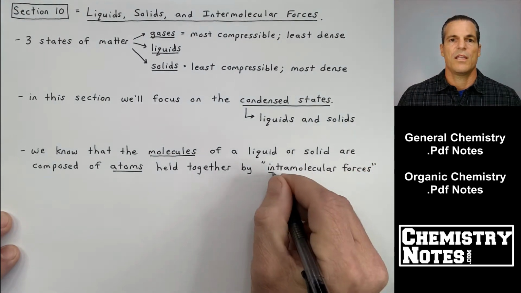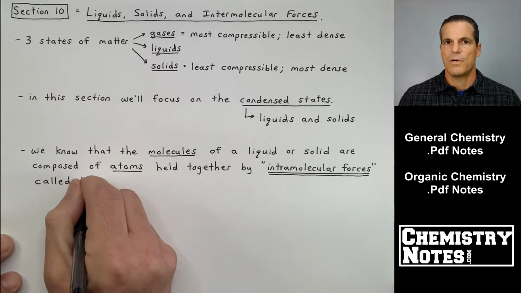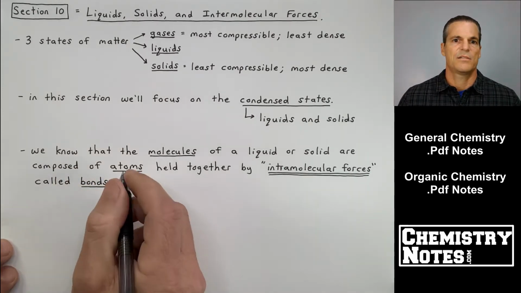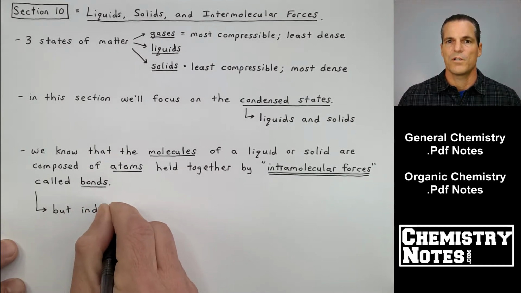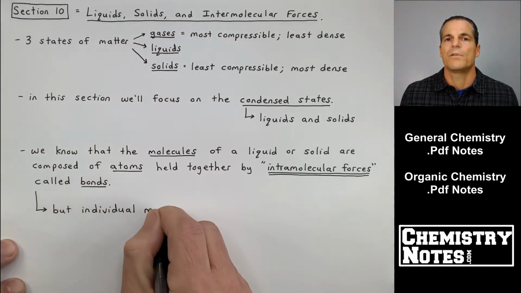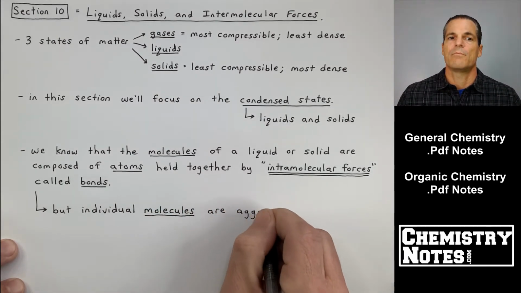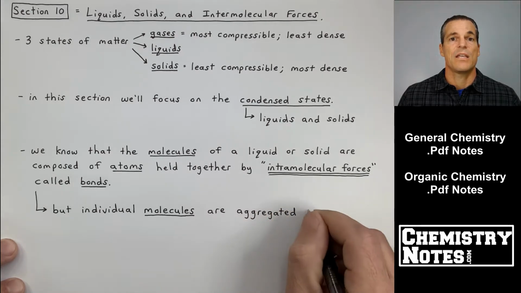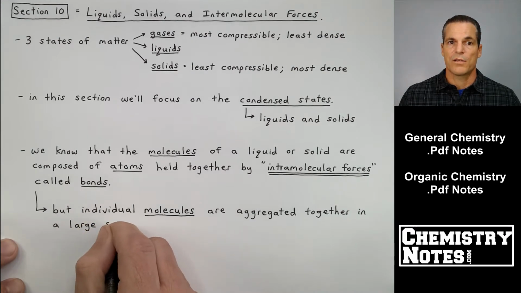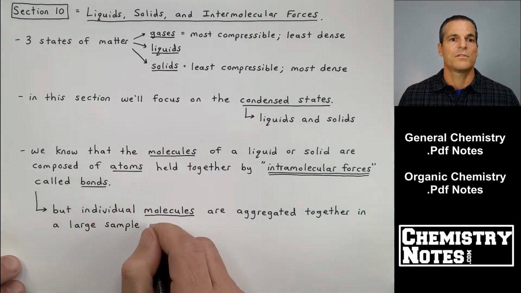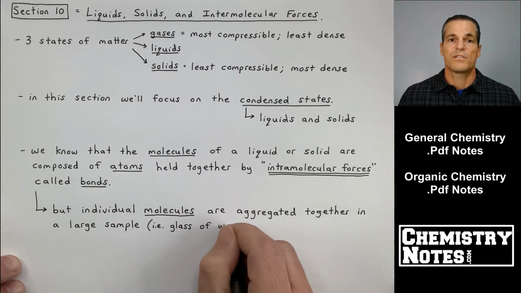Now, we almost always refer to them as bonds, chemical bonds, covalent bonds, etc. But really a bond is an intramolecular force because it's within one particular molecule. But individual, separated molecules are aggregated together in a large sample.